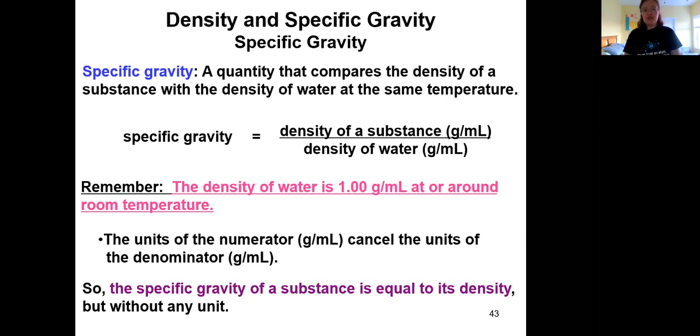So the specific gravity of a substance is equal to its density, but without any unit. Isn't that great? That's why it's a gimme problem. If you're asked for the specific gravity and you've been given the density, just look for the exact same number with no unit. All right, and with that nice, easy end, I believe we've finally reached the end of chapter 1.